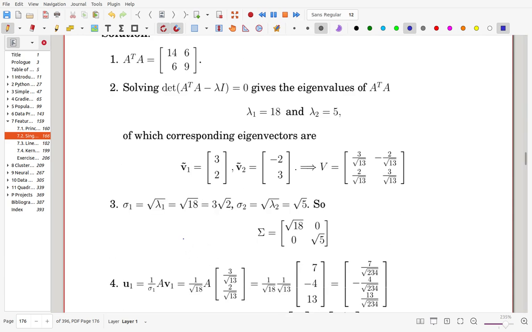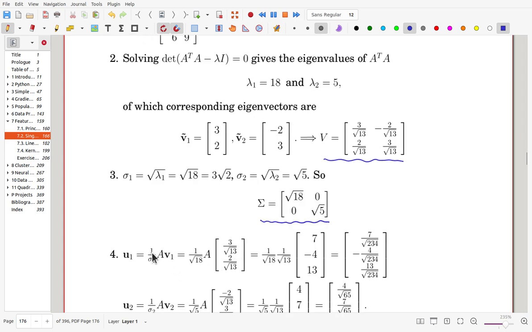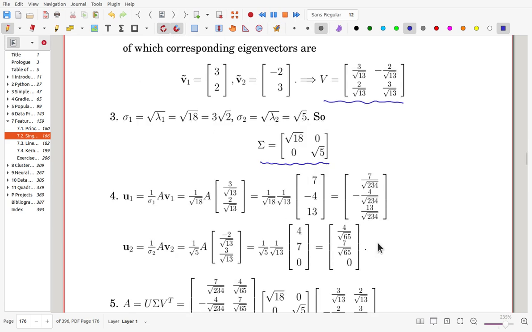Now lambda 1 is the largest one. So sigma 1 is the square root of lambda 1, and sigma 2 is the square root of lambda 2, so that the matrix sigma is given in this way. V is given here. Now sigma is made. Now 1 over sigma 1 times A v1, which is u1, you can get by using a computer algebra system.